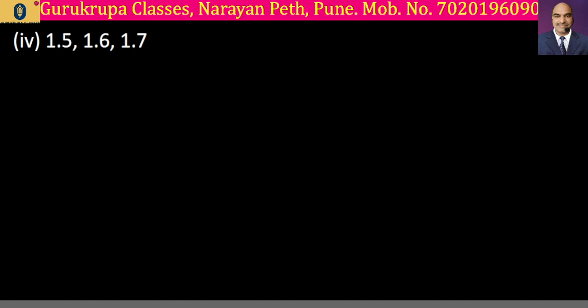Let's take the next sum, that is 1.5, 1.6 and 1.7. Three sides are given to you. We have to find out whether they form a Pythagorean triplet or not.